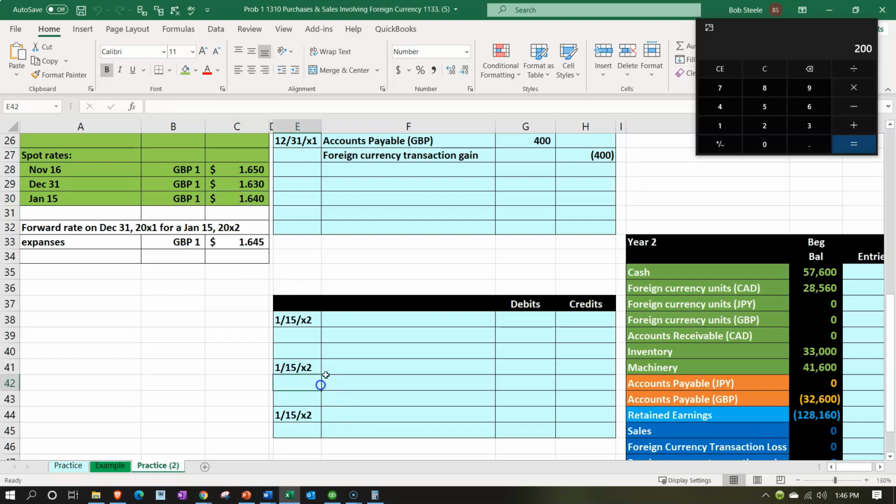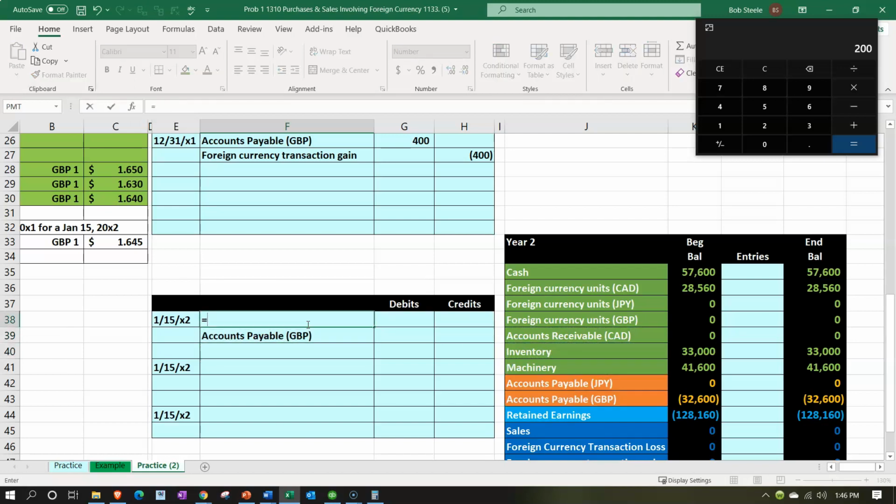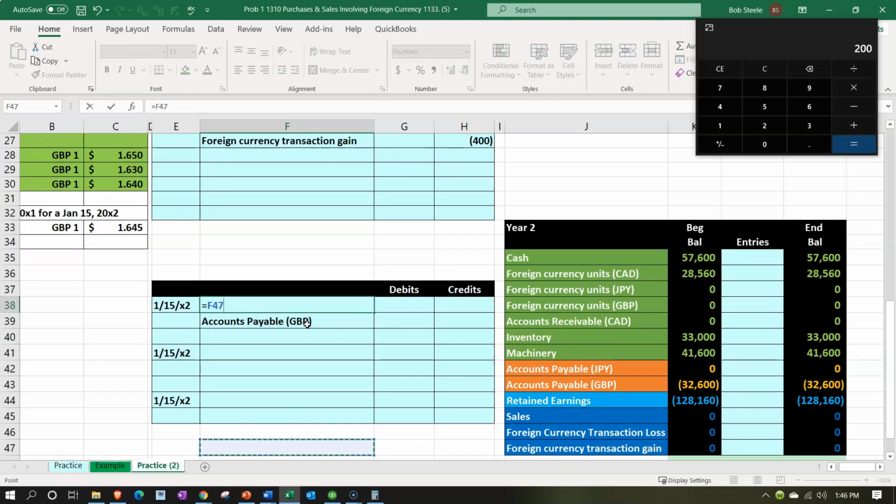So in order to pay this off, we first need to revalue it to the proper amount, and then we'll be able to pay it off. This amount needs to go to 32.8. This is going to be a credit because we need to increase the payable, which is bad. We're increasing the liability. And then down here, we've got the loss that's going to happen.